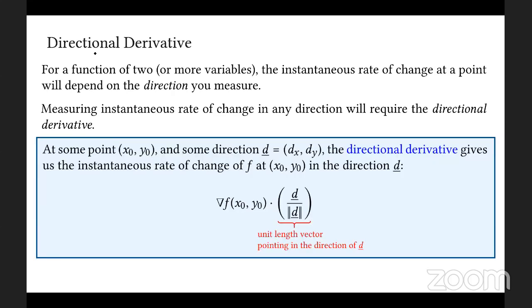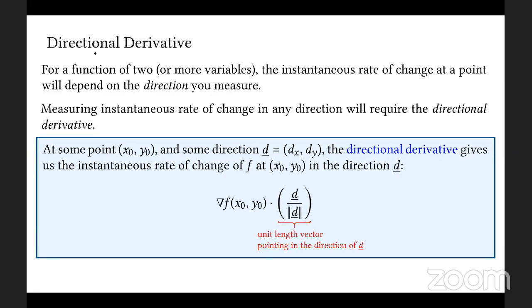So the directional derivative, at some point x naught, y naught, and some direction d, and I'm writing d as dx and dy. Maybe that was a bad choice because it kind of looks like that's the partial derivative of d, but that's not what I meant.